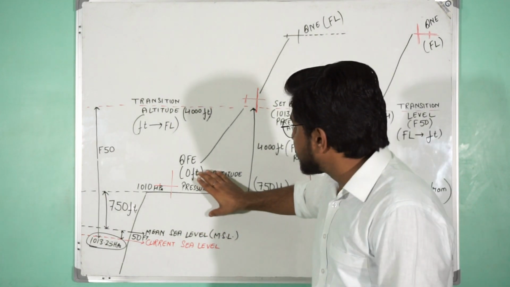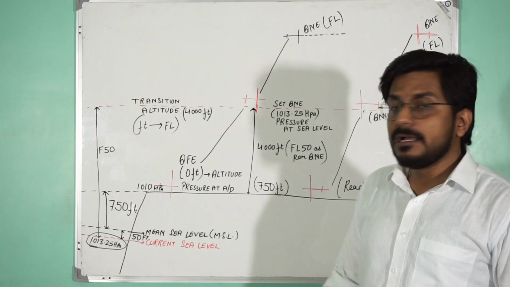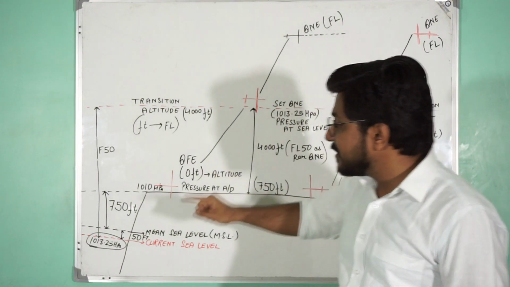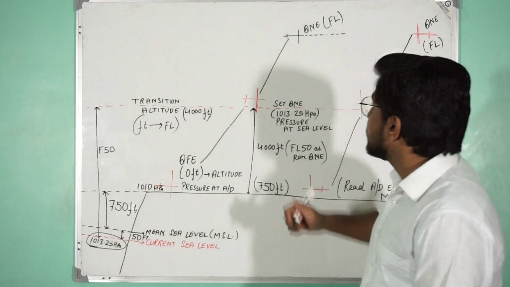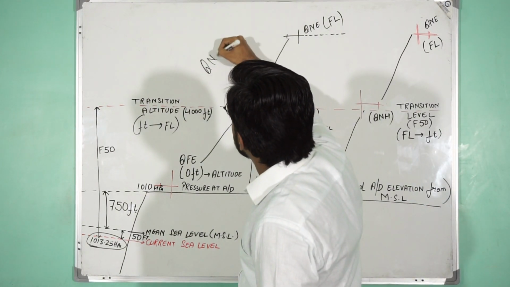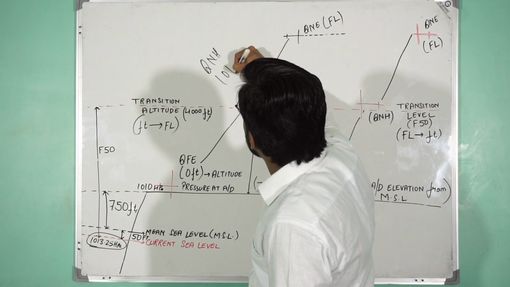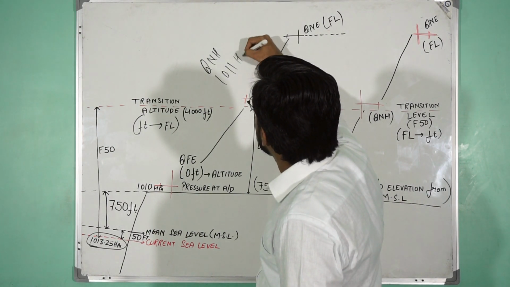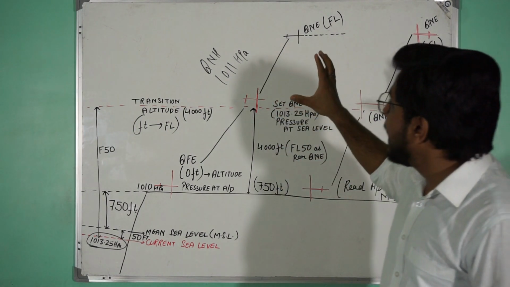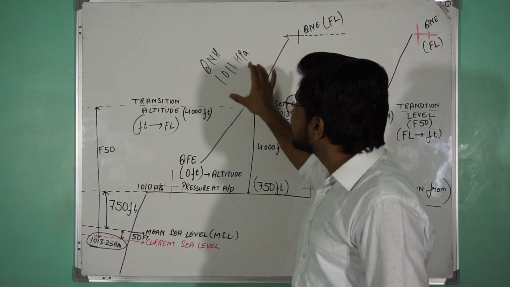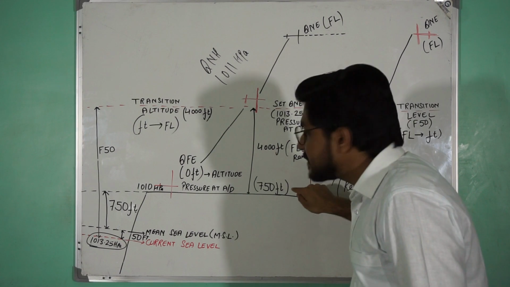Whereas with QNH, that is not happening, because QFE is the pressure at the airdrome, QNE is the pressure at the sea level, whereas what is QNH? If I am getting that QNH is 1011 hectopascal, what do you mean by 1011? At what point am I experiencing 1011 pressure? I am not experiencing it at the airport.